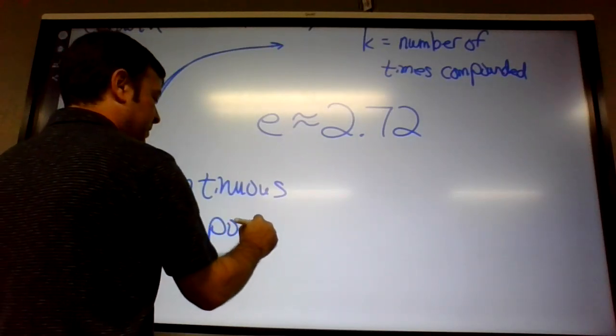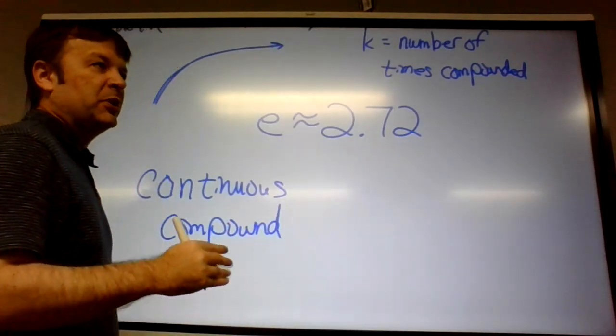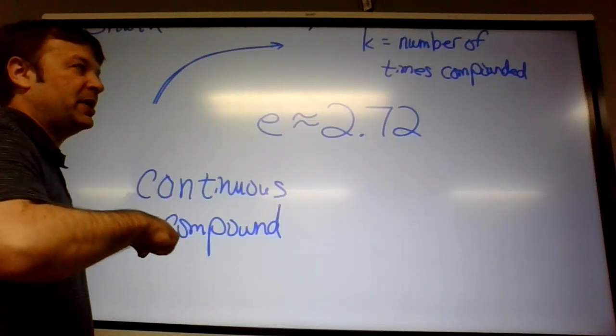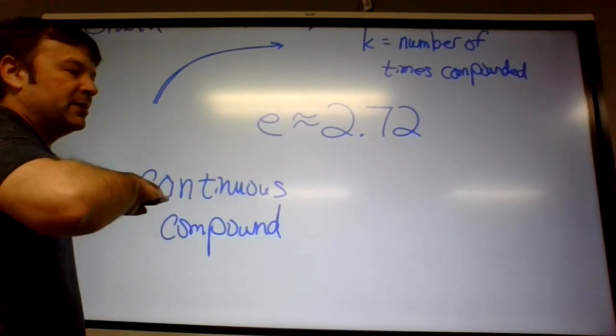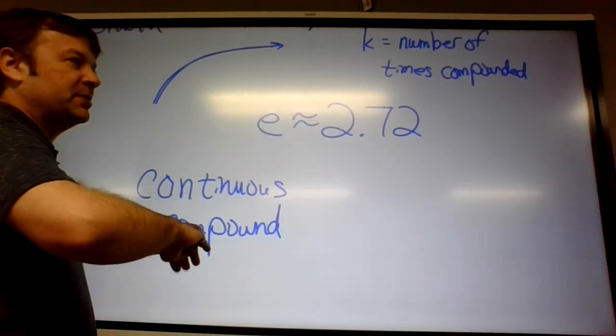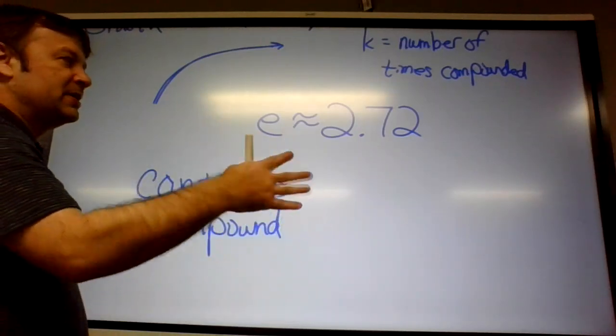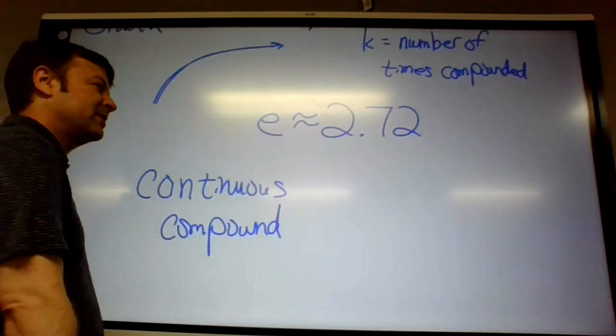So it's as if you're getting paid constantly. But because the percentage you're getting paid is also being reduced at the same time that you're getting paid more, it just kind of cancels each other out and levels off.